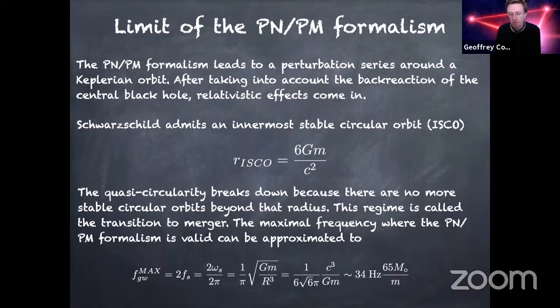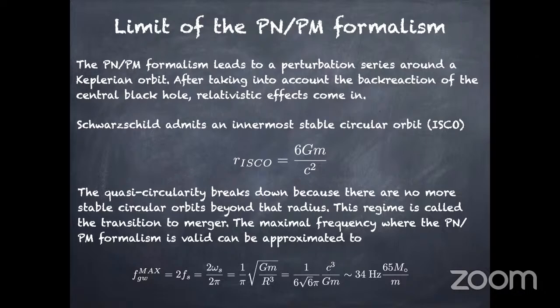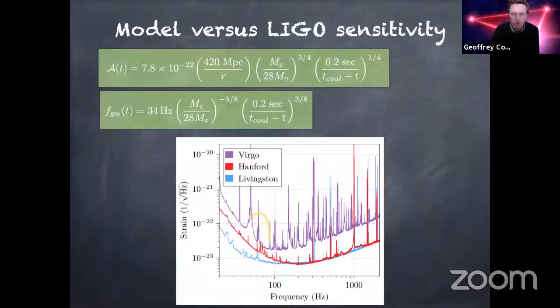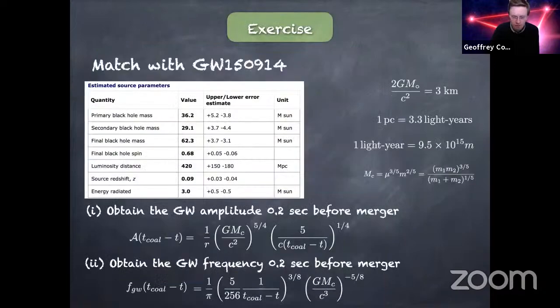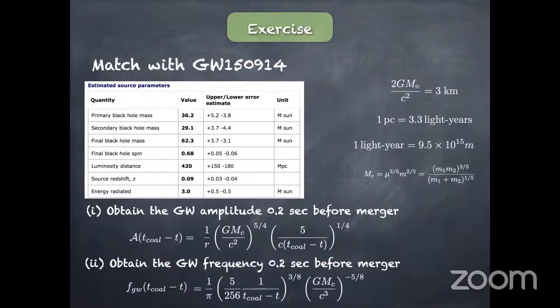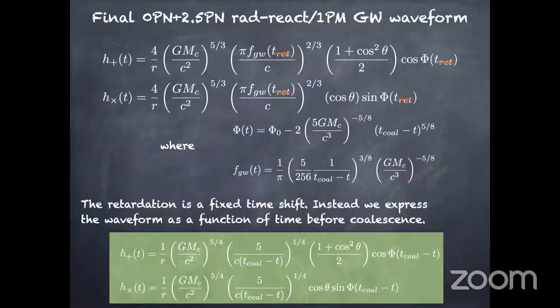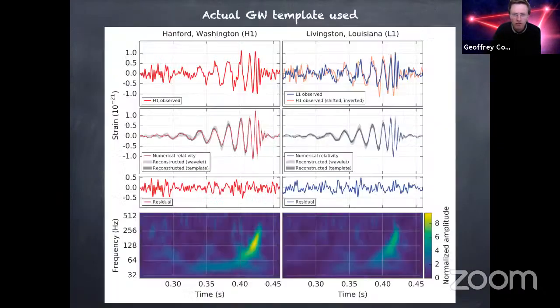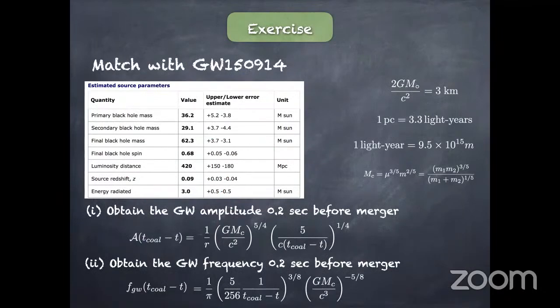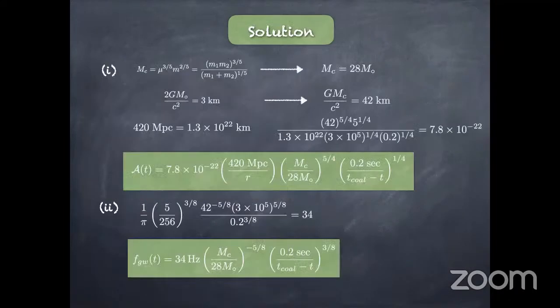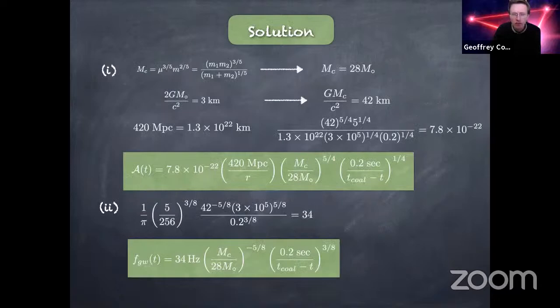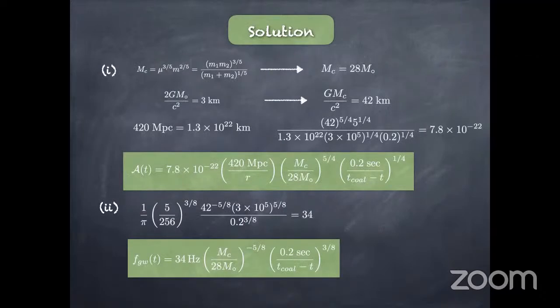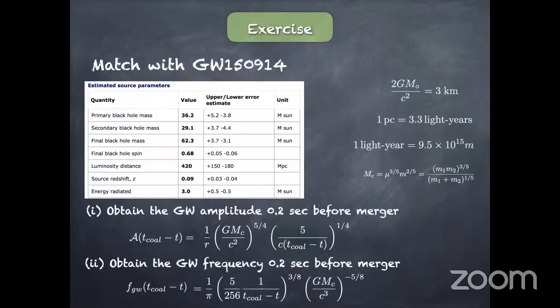So can we see the other constraint, the one in which v over c, the frequency, to compare with the quasi-circular inspiral? Yes. I should have compared the two.